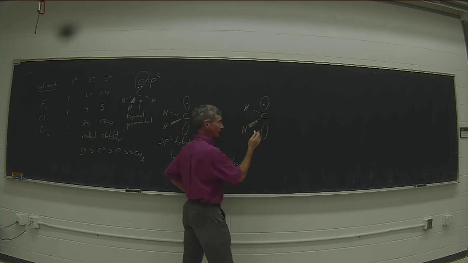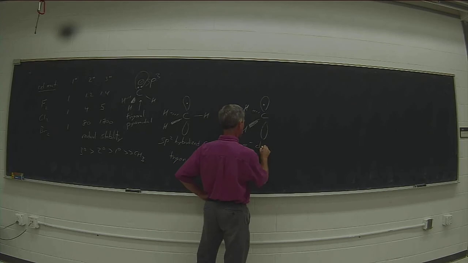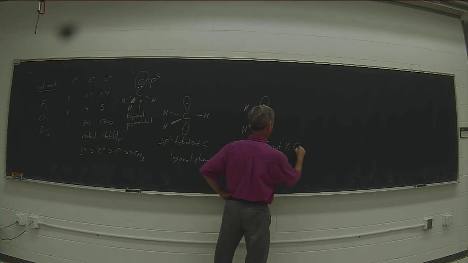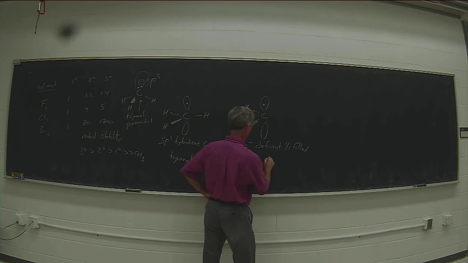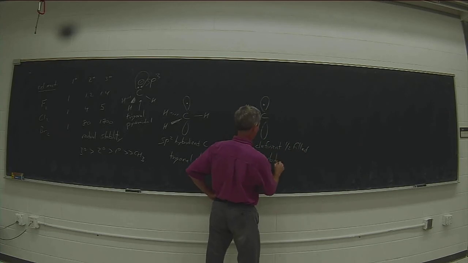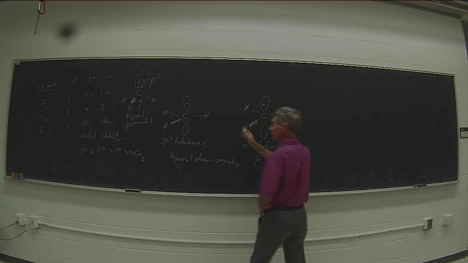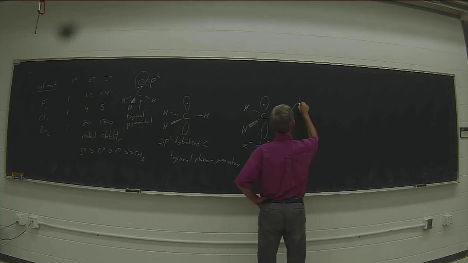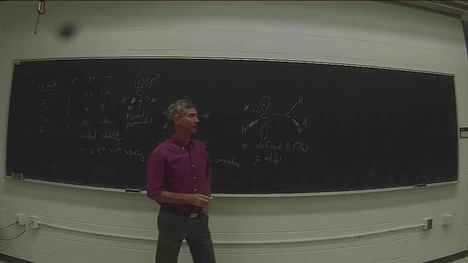We still have an electron deficient half-filled p orbital. But now adjacent to that, we don't have another planar atom. We have a tetrahedral sp3 hybridized carbon.